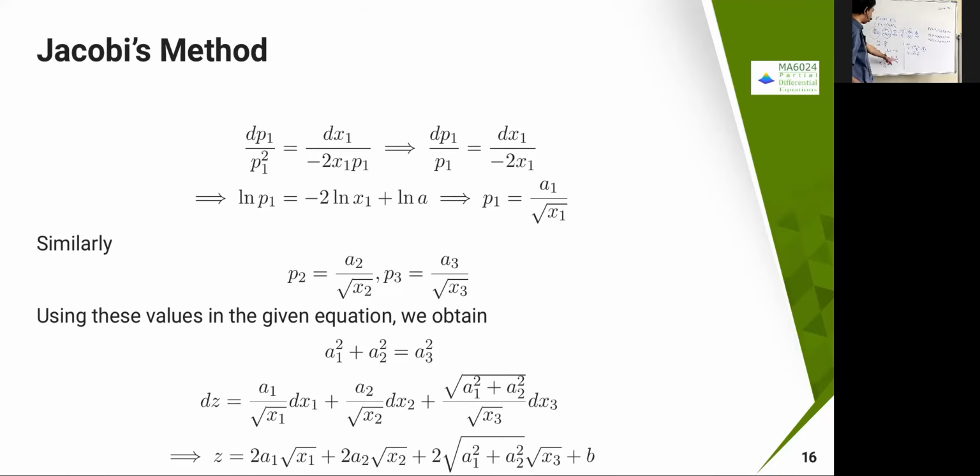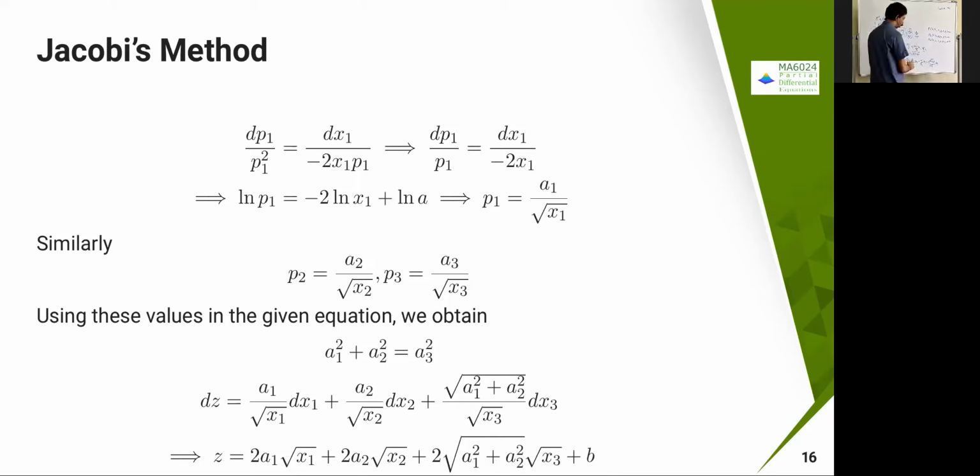Therefore, you can use that over here. So in that case, I can just put dz equal to p1, which is a1 divided by square root of x1 into dx1, plus p2, which is a2 divided by square root of x2 into dx2, plus a3, which I have already found, nothing but square root of a1 square plus a2 square, divided by square root of x3 dx3.